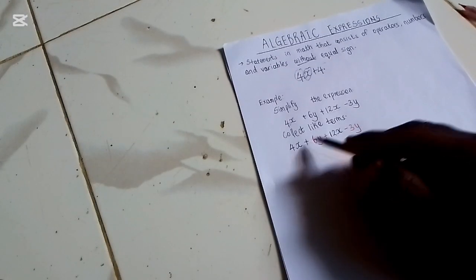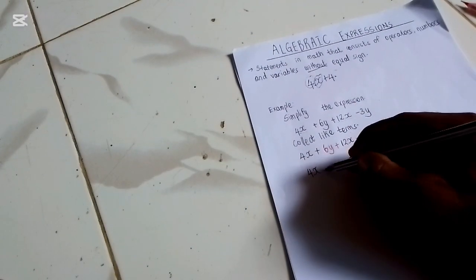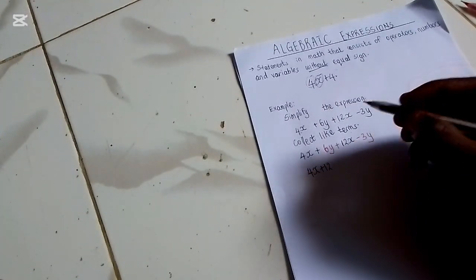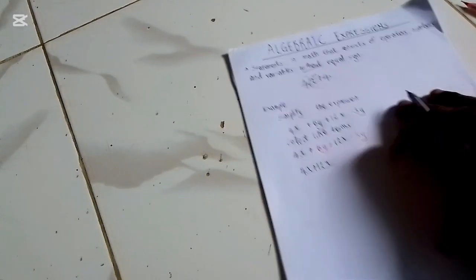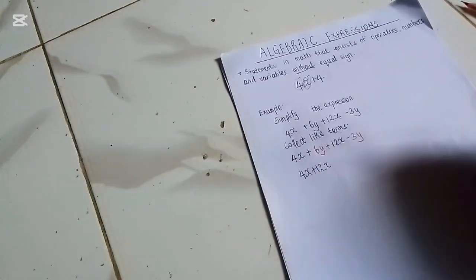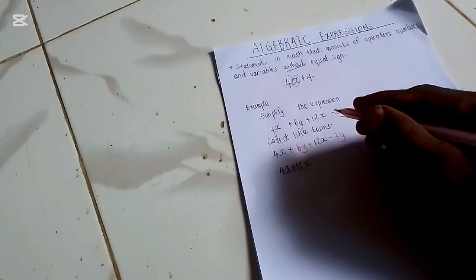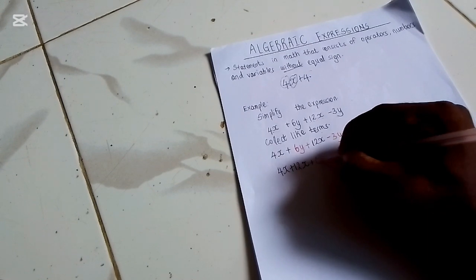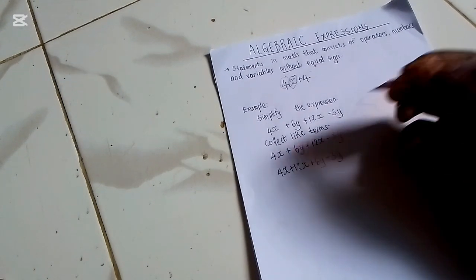So it is 4x plus 12x, and the ones with y together, plus 6y minus 3y.